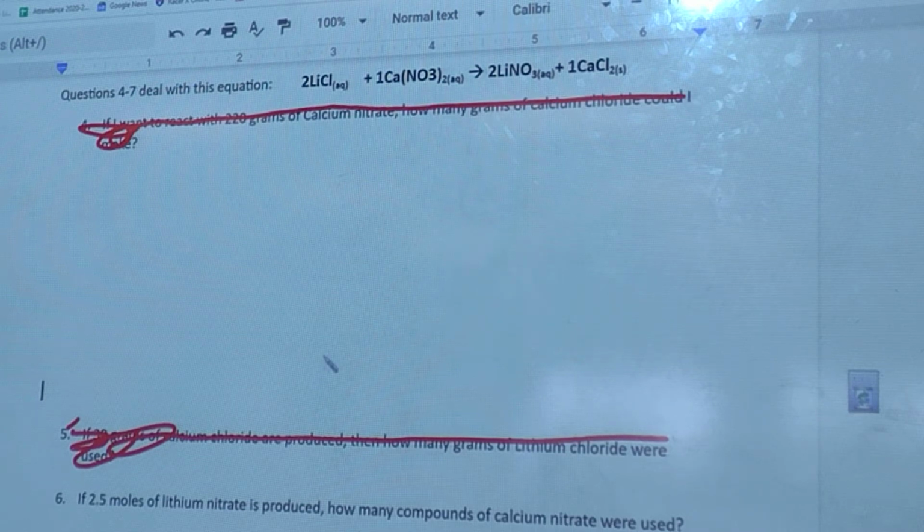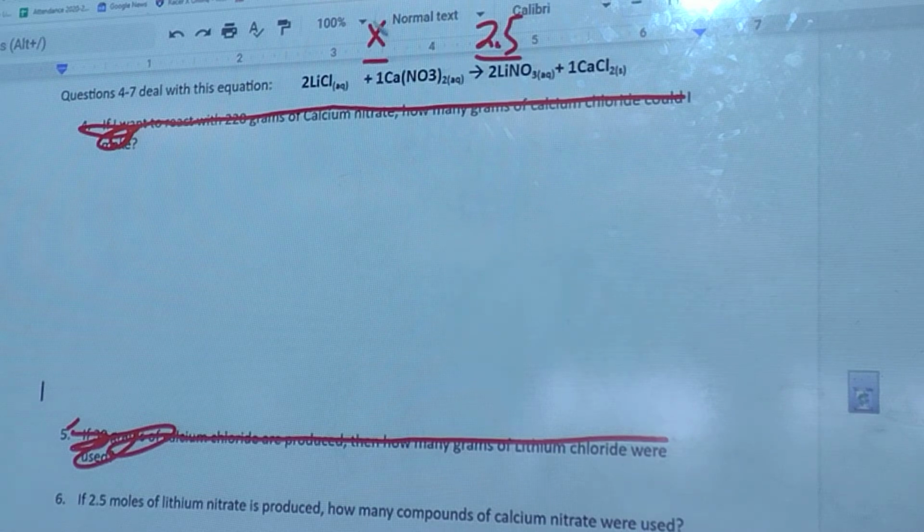Number 6. If 2.5 moles of lithium nitrate is produced, 2.5 is to 2. How many compounds of calcium nitrate were used? As X is to 1. 2.5 over 2 is X over 1. So that's going to make 1.25 moles.